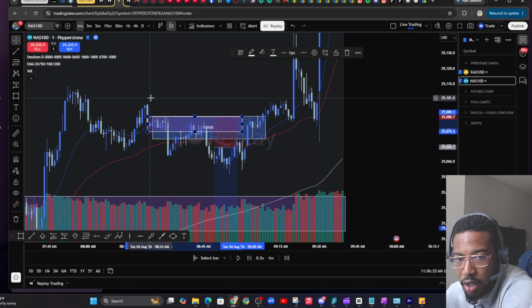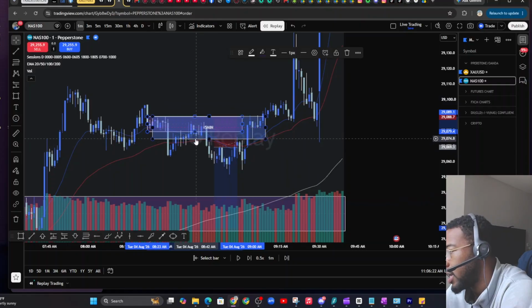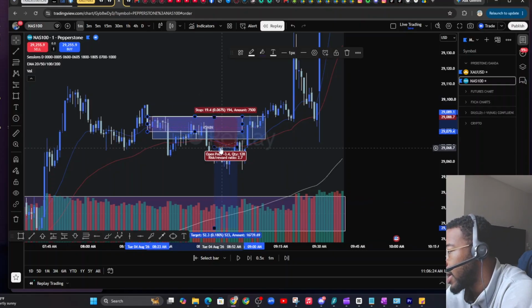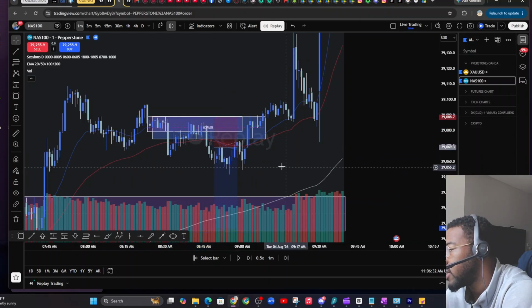Very similar to our gold setup that we had the day before. Then when price came back up, it failed to break above these EMAs. We had a cross, and that's probably why I felt confident enough to get in for this sell.